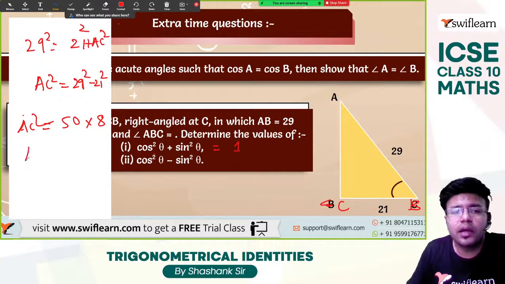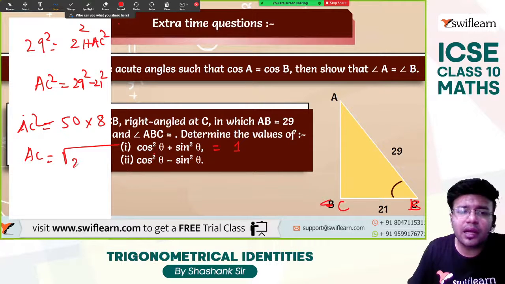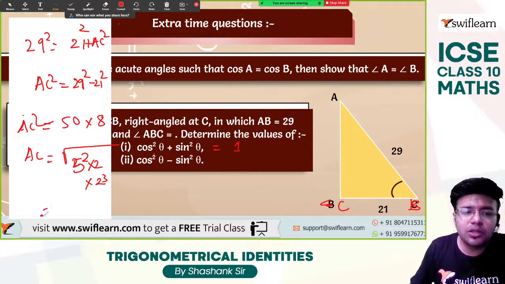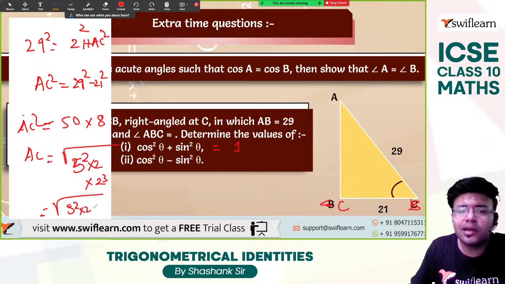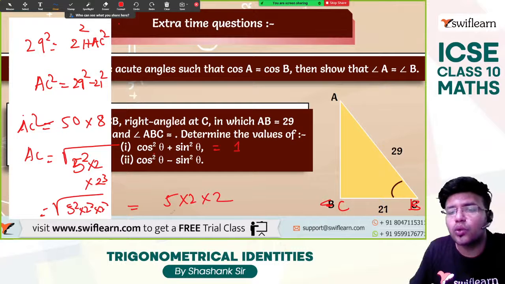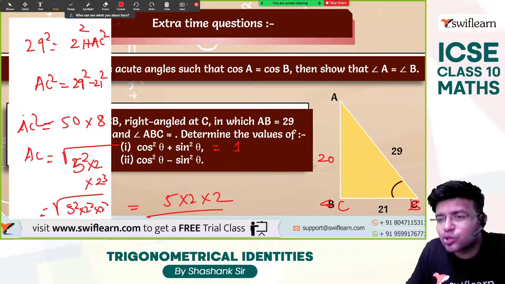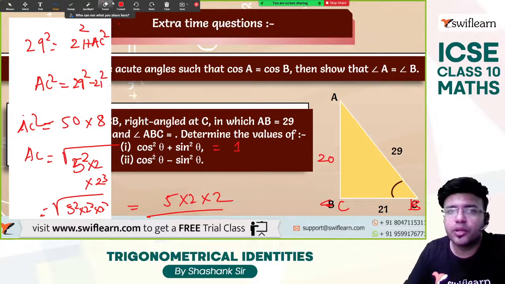AC is equal to square root of this. 50 can be written as 25 into 2, so 5 square into 2. 8 can be written as 2 cube. So this is nothing but 5 square into 2 square into 2 square, which is 5 into 2 into 2. So AC is 20. Got this?